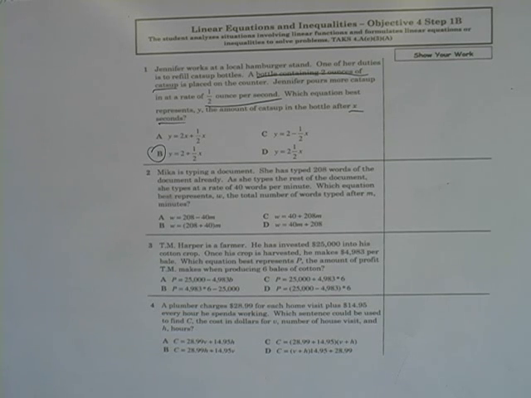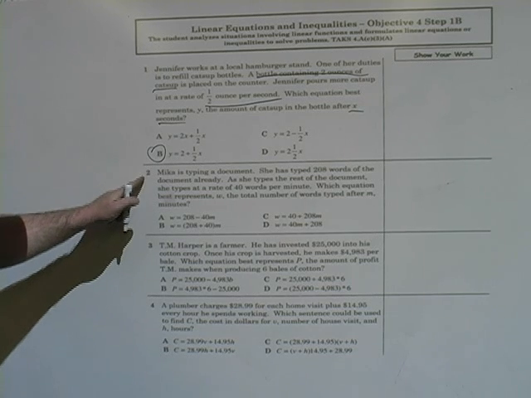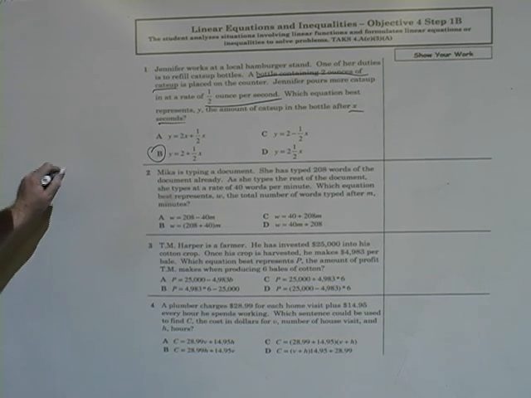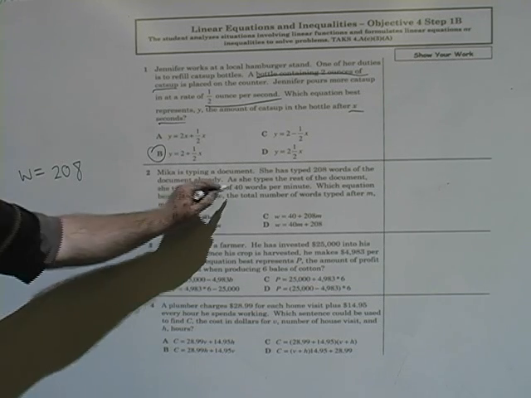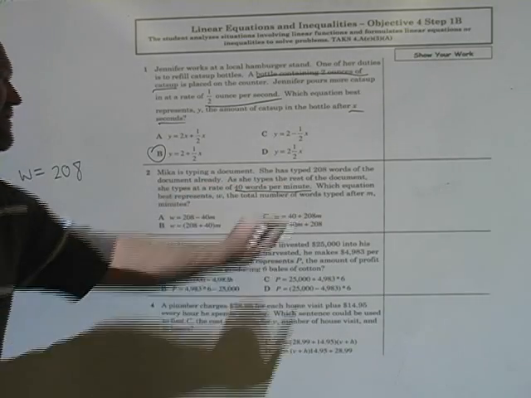Number 2 is the same type of problem. She's going to start with 208 words. She starts out with 208, and then every minute she's going to add some 40 more words. 40 words per minute.